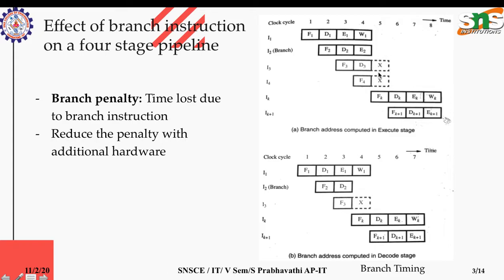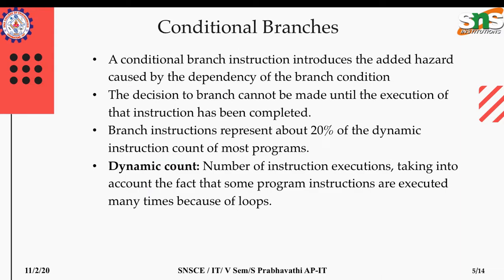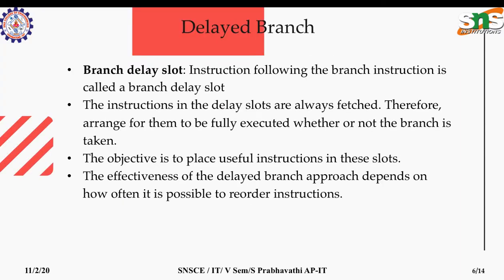Okay, here the new term is introduced, branch delay slot, and it needs to be discarded. So instead of discarding, we need to somehow execute this instruction so that the performance is improved. So that's the concept when dealing with delayed branch.